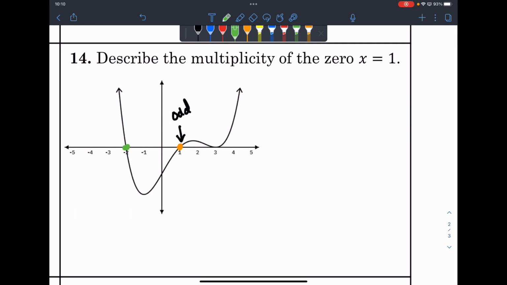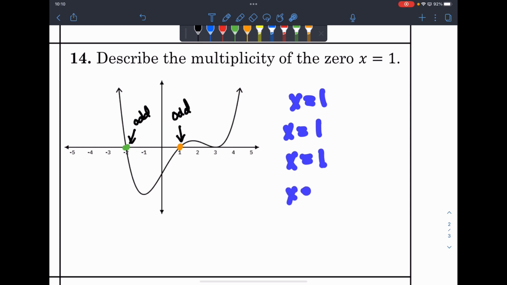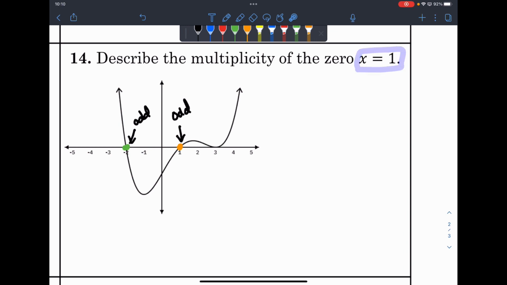So the multiplicity at these two values are both odd, meaning that x equals 1 an odd number of times. X can equal 1 one time, 3 times, 5 times, 7 times, and so on. But it's going to equal the value of 1 an odd number of times.